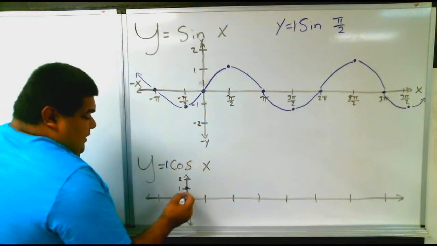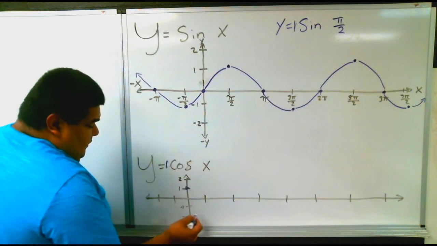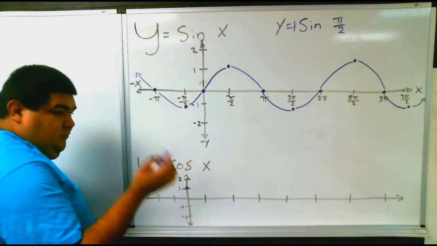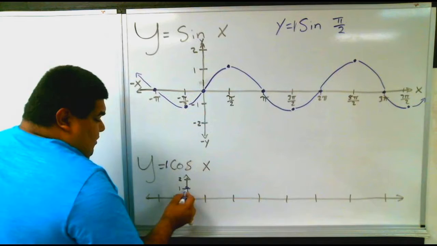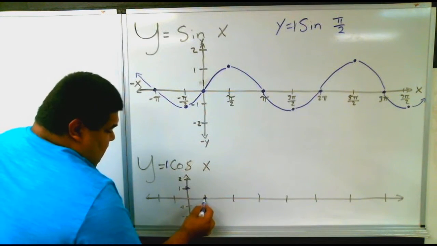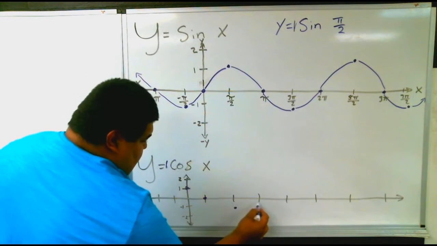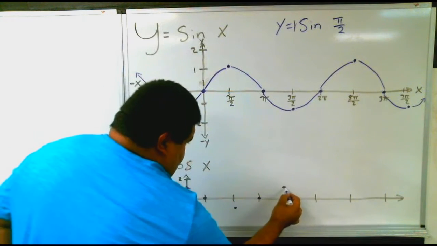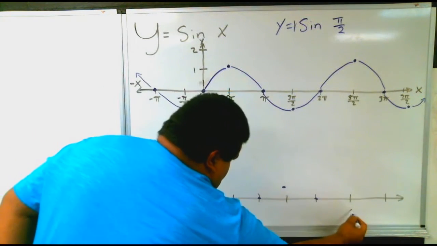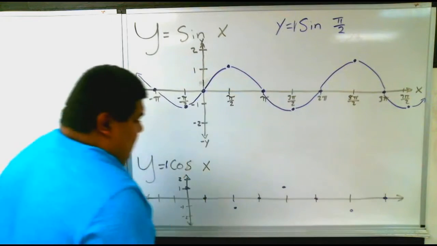For cosine, again, since it's positive, we start off at 1. If it was negative, we would have started at negative 1. But since it's positive, we're going to go center, then down 1, then center, then up 1, then center, then down 1, then center. Okay?